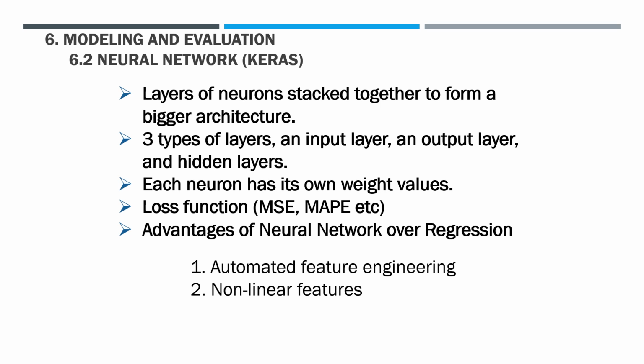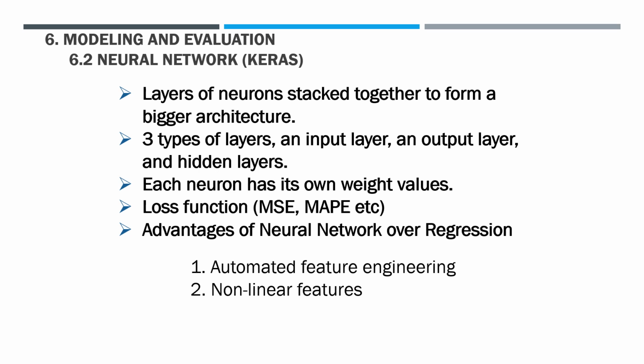An input layer that consists of input parameters. In our case, it will be 4 input parameters or 3 input parameters or 2 input parameters I discussed earlier. Then there is an output layer that spits out the output, and in our project it will be the forecasted power output of the plant.